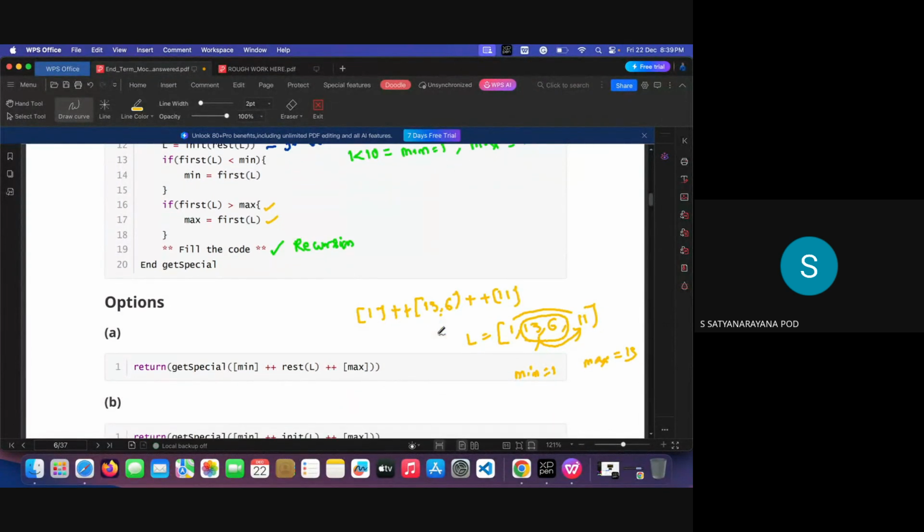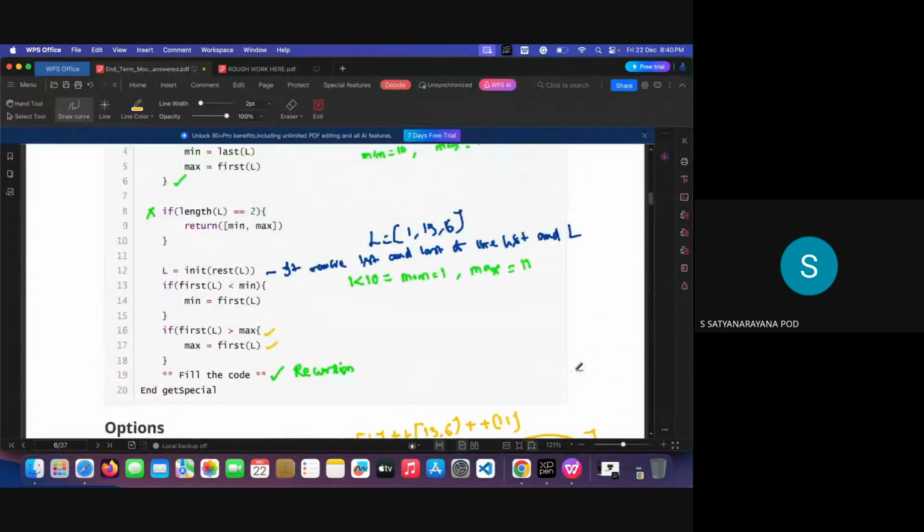So again this particular list is reduced, left part and right part. Whenever the left part and right part are reduced, the last list contains only two elements, 1 and 13.